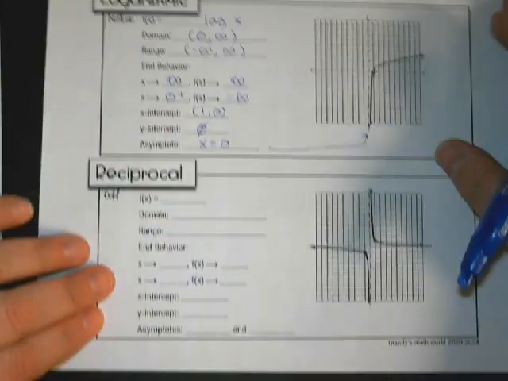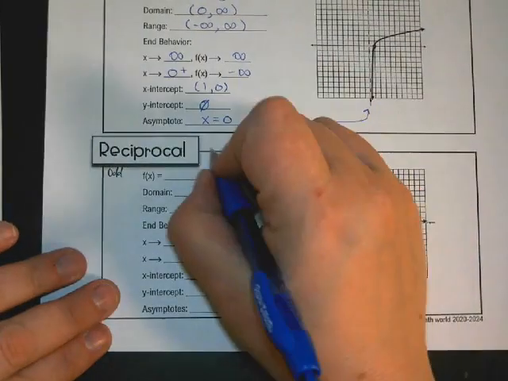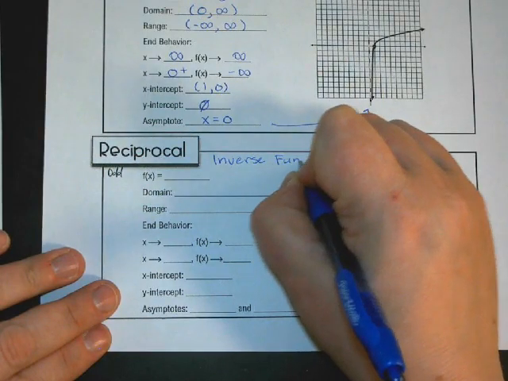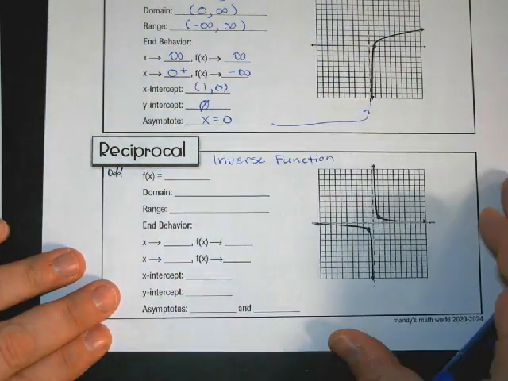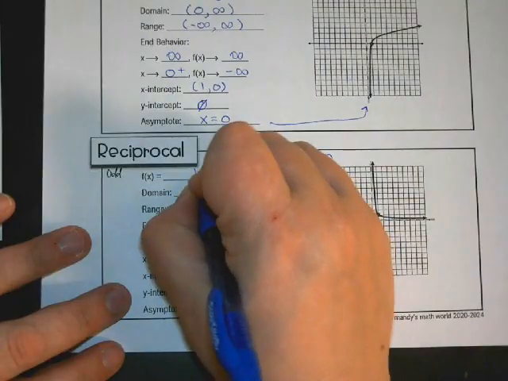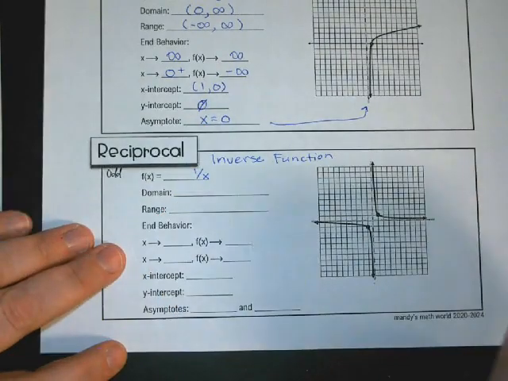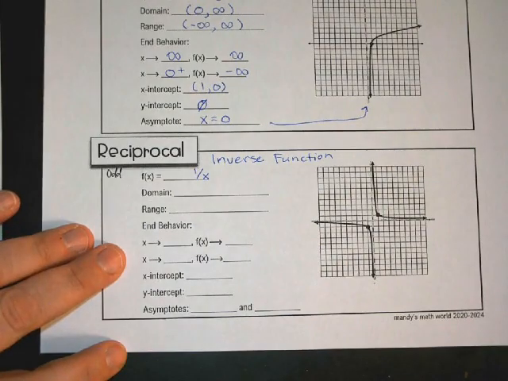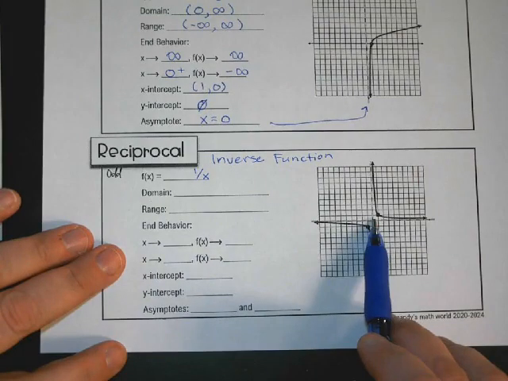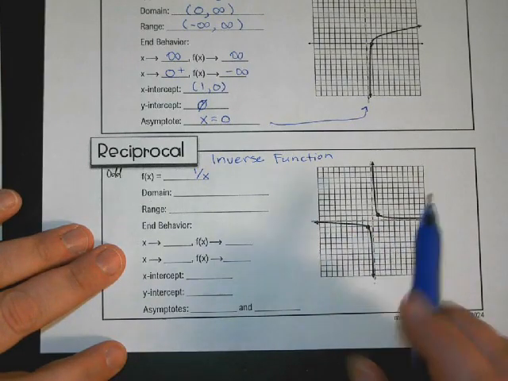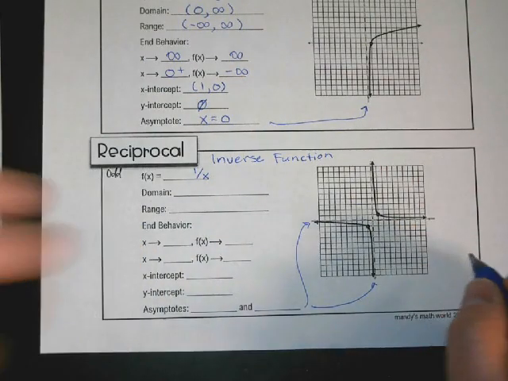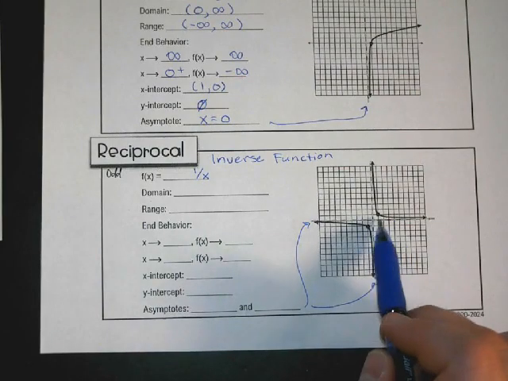Okay, one left. Reciprocal, sometimes we call this an inverse function. We're going to say f of x equals 1 over x. Sorry, that's a little squished. And I'm going to use a funny symbol that means union. So I need to find a way to exclude 0, because I can tell from these asymptotes here, there and there, that I can't let x ever be 0.